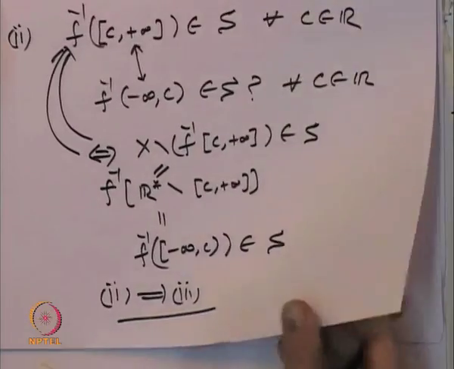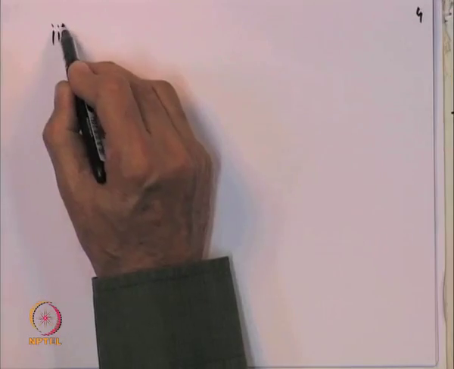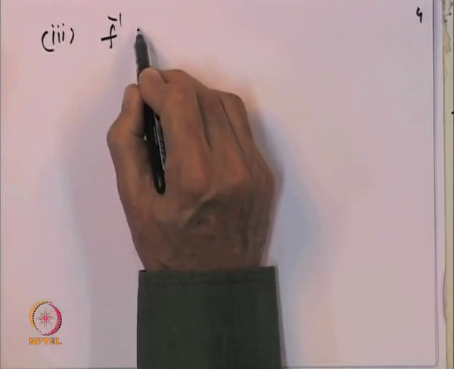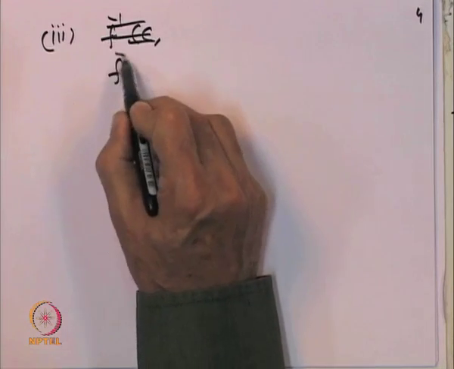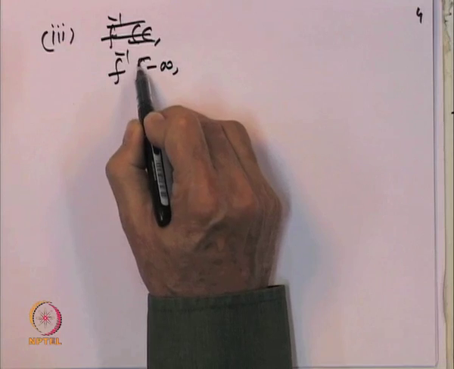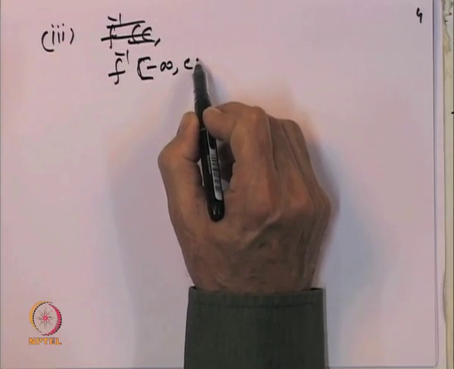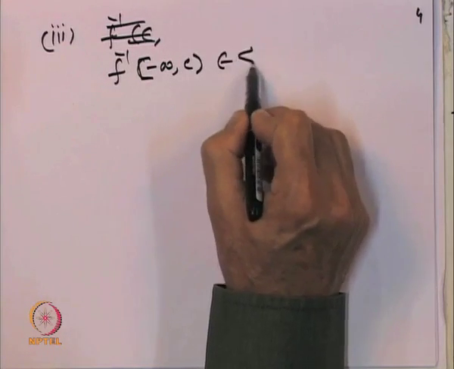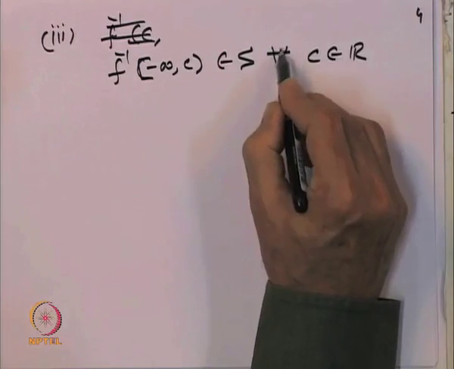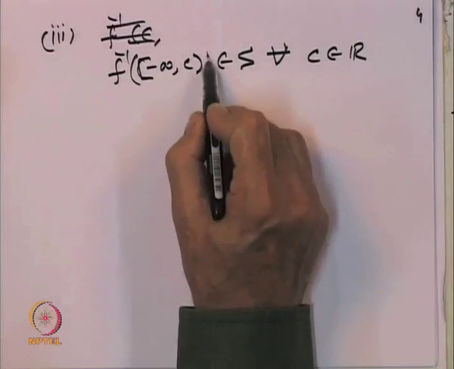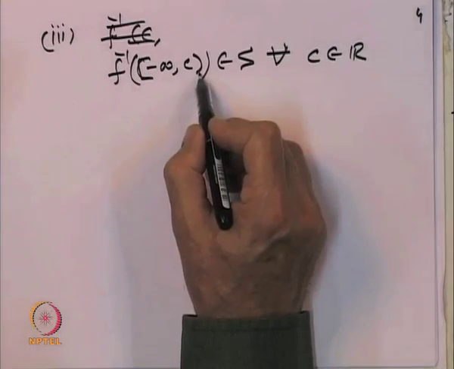Let us prove 3 implies 4. So, what is given to us is f inverse of minus infinity to c open belongs to S for every c belonging to R. And from here we want to conclude this for the closed interval.